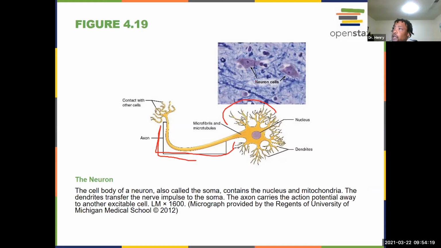So if you look here, this basically is a neuron cell, and you can see that long axis going along here. Can you guys see that? Yeah. Same thing over here. And then you can see the axis in that area. Can you guys see that? Yeah. Okay.